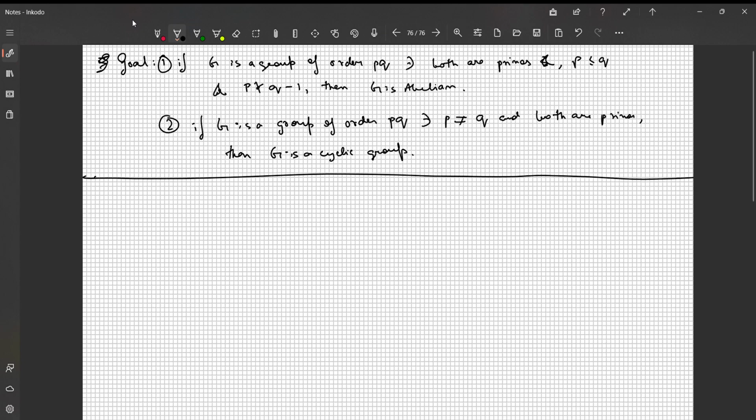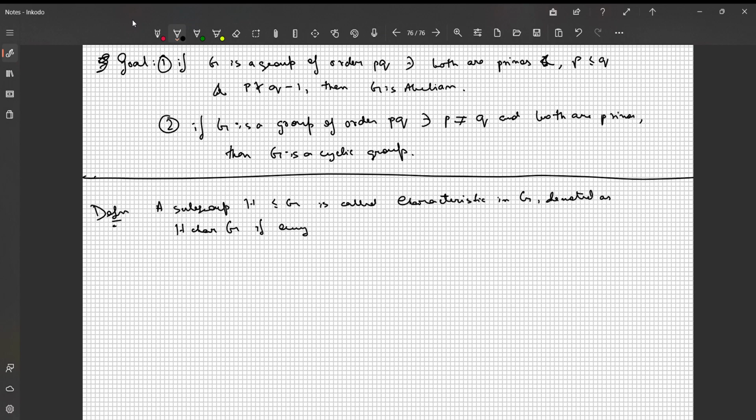So, definition. A subgroup H of G is called characteristic in G, denoted as H char G, if every automorphism on G maps H to itself.